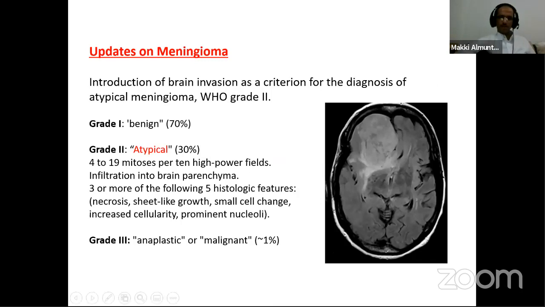This type of meningioma invading the brain parenchyma makes it WHO grade 2 or atypical. The most common is WHO grade 1, which is benign. Atypical is less common, and malignant and anaplastic meningioma is very uncommon.